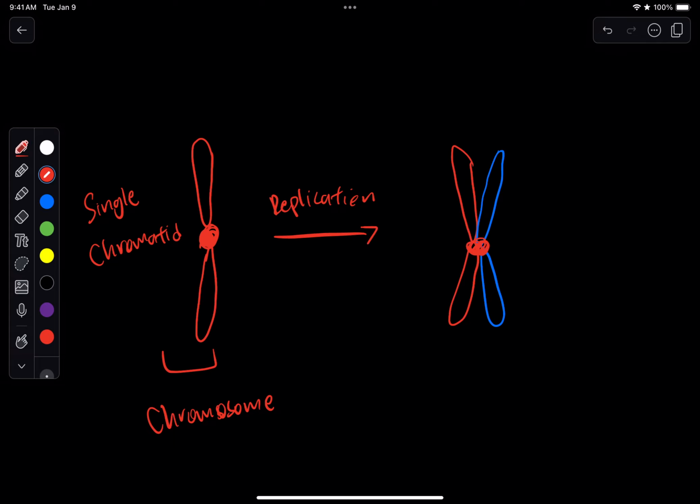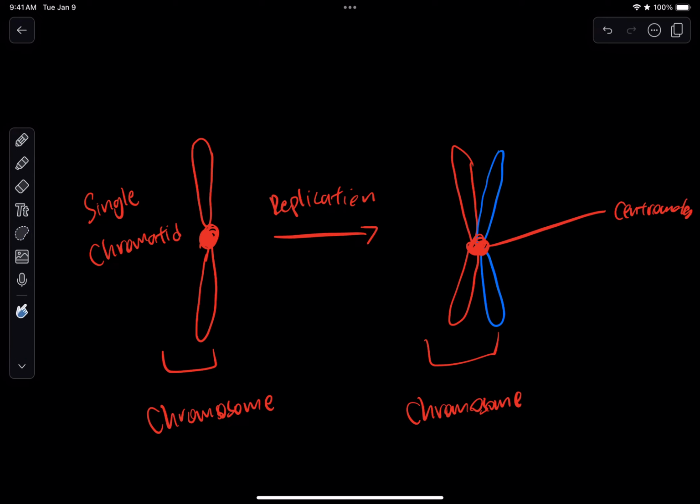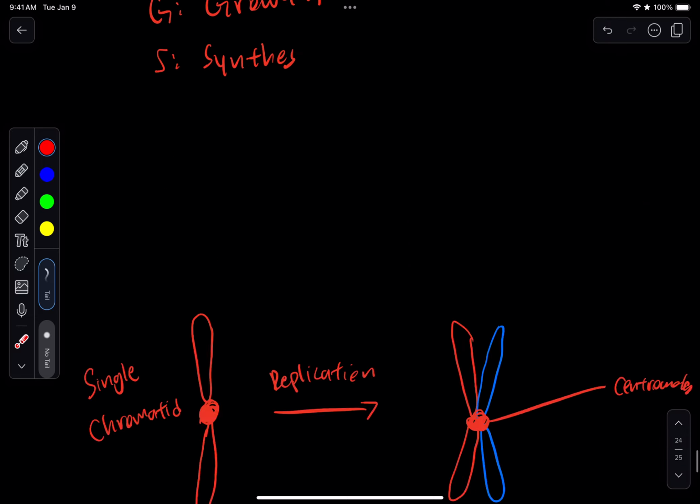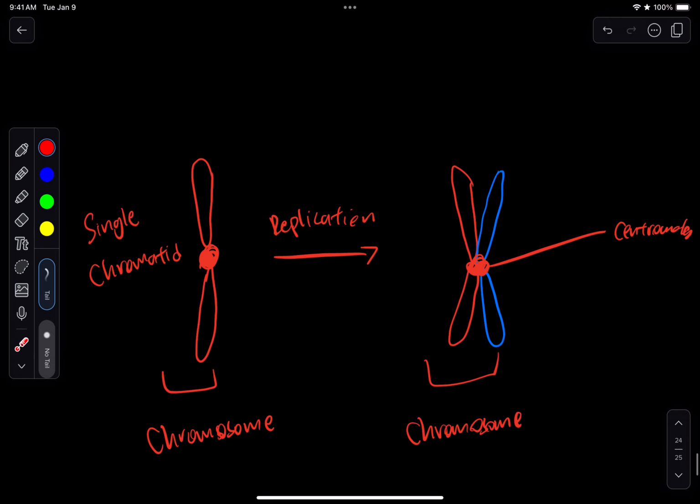The center here is called the centromere, and these two together are also called a chromosome. This and this have the same exact genetic information. So when DNA is replicated, it's still one chromosome, and later during mitosis it's going to be separated.